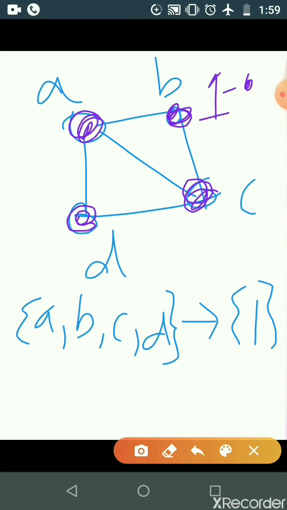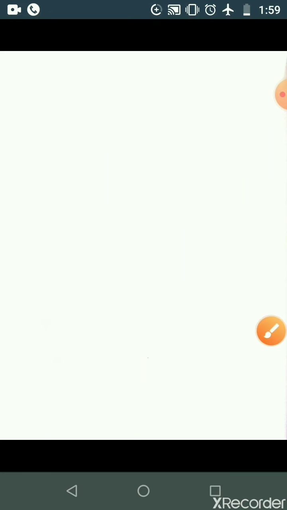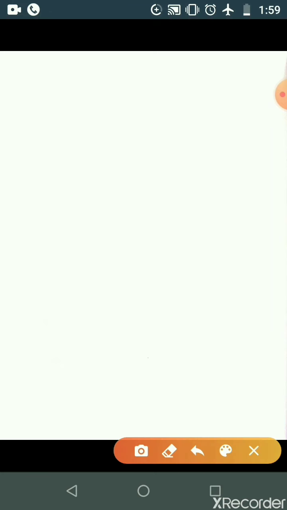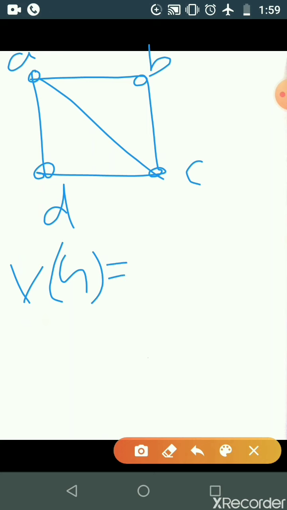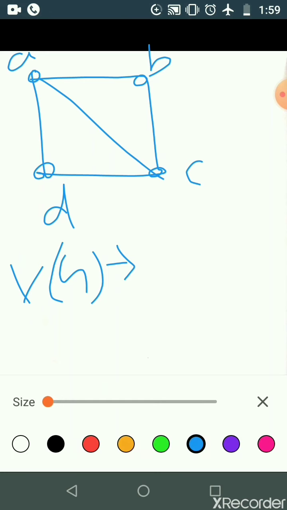If you want to define two colors on the same graph, the graph was this one. This is vertex A, vertex B, vertex C, vertex D. Again the same set V(G) is A, B, C, D, and we are defining a function from V(G) to two colors. We want to assign two colors now.